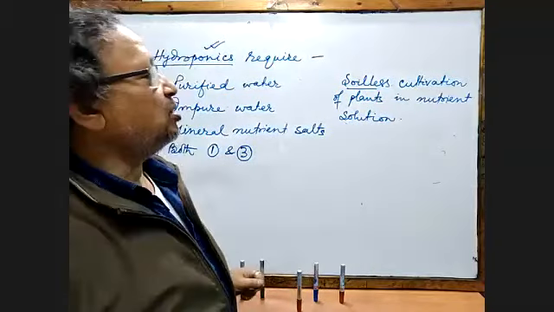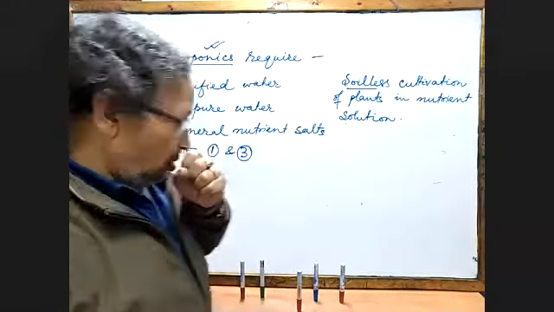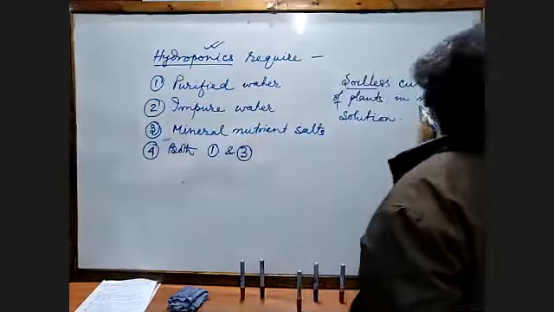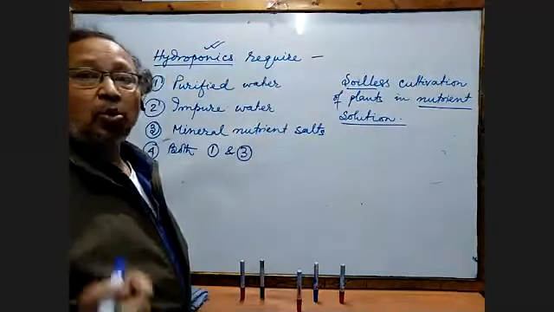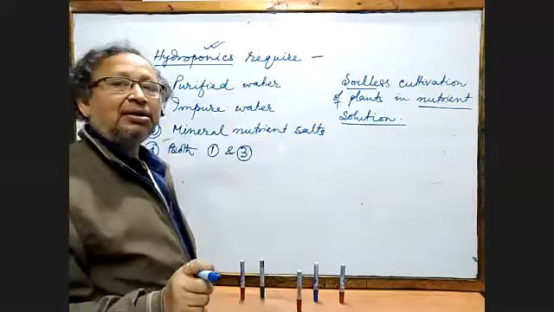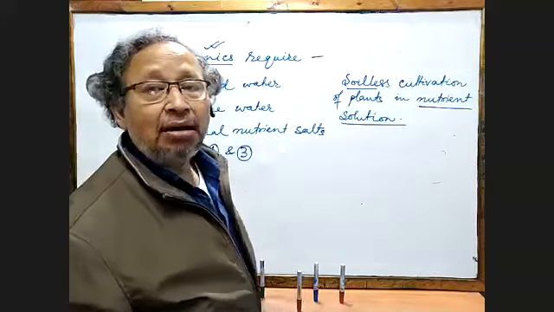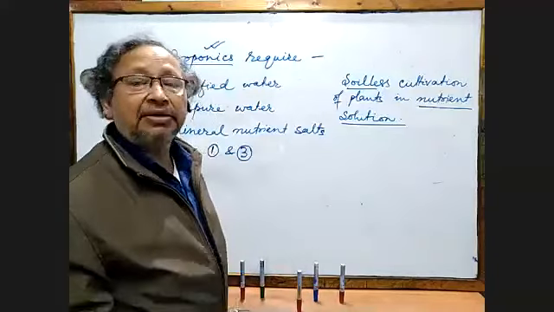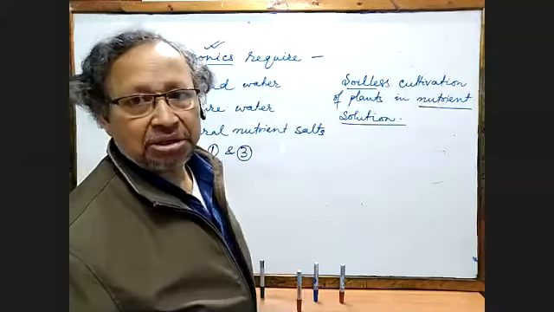Plants are grown in water, but that water must contain nutrients. So it is the nutrient solution, and this nutrient solution is well defined for a particular species that is grown, and also at a different phase of the plant life, the plant may require a particular element at a different concentration.